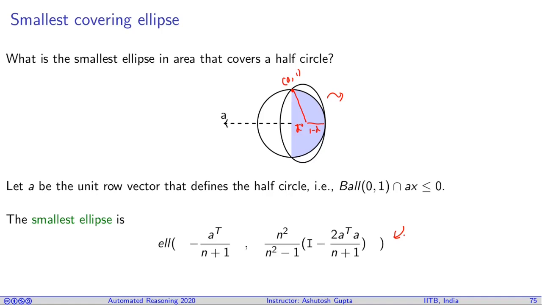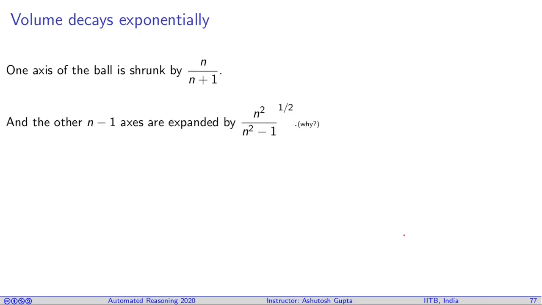Now, what is the volume of this new small half circle? If you estimate that, in one x dimension it shrunk by n divided by n plus 1, and in all other dimensions, in this case we were looking at n equal to 2, but for higher dimensions, all other n minus 1 axes it will be expanded by this much.